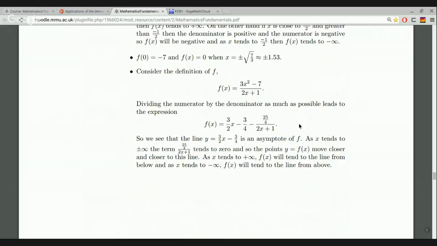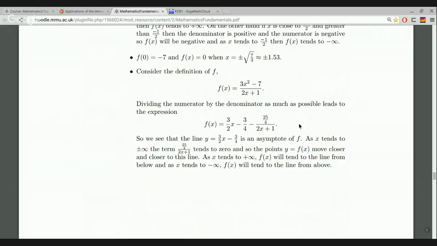If you multiply it by minus 3/4, you do indeed get minus 3/2x, but you also get minus 3/4, but we want minus 7. So if we've got minus 3/4 and we want minus 7, well, minus 7 is minus 28/4. If you've already got minus 3/4, you want to subtract another 25/4. So that's rewriting the numerator as much as we can using multiples of 2x plus 1.